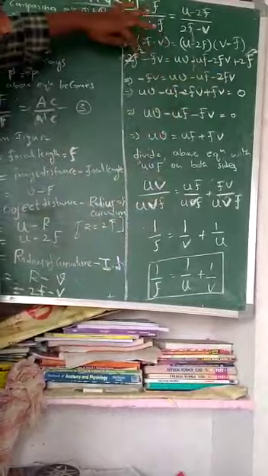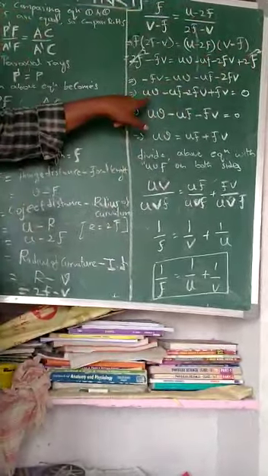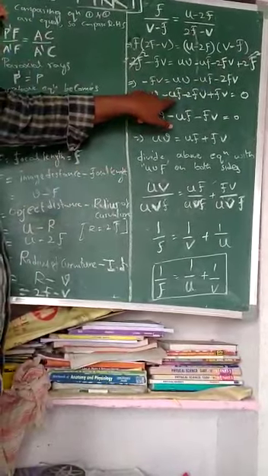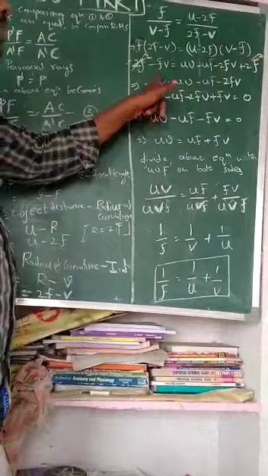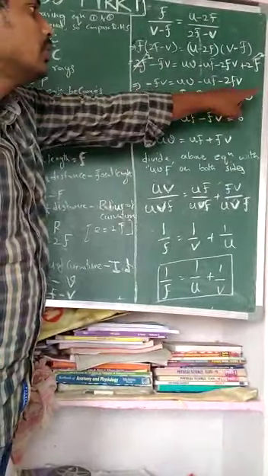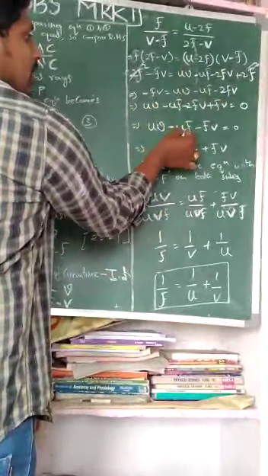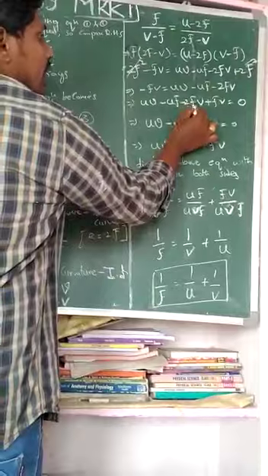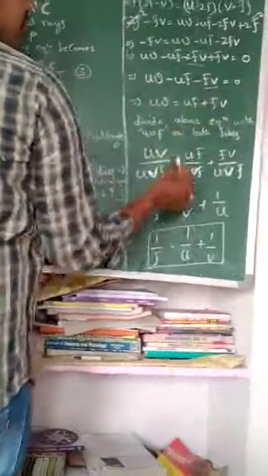So after transposing this minus fv to that side, the equation becomes uv minus uf minus 2fv. This minus fv becomes positive, so plus fv equals 0. So uv minus uf minus 2fv plus fv becomes only minus fv.